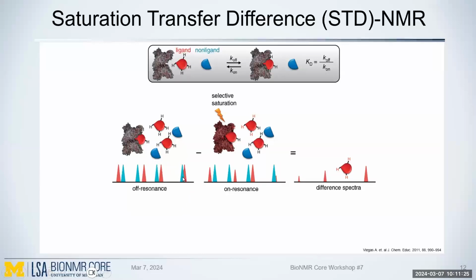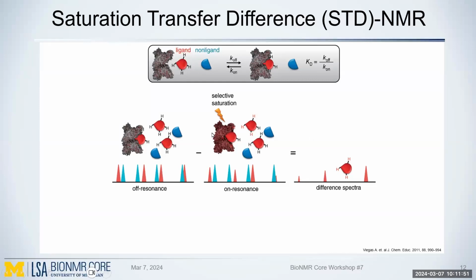So this off-resonance spectrum is very similar to the 1D proton NMR spectrum of everything in your NMR tube. So we will have 5 to 10 micromolar of protein. So the protein concentration is very low, and you can barely see the signals from the protein in the NMR spectra. The ligand and non-ligand concentration are around 200 micromolar. So in this 1D spectrum, you can see the signals from the ligand and non-ligand.